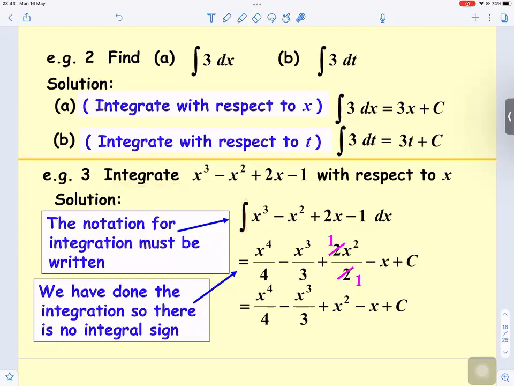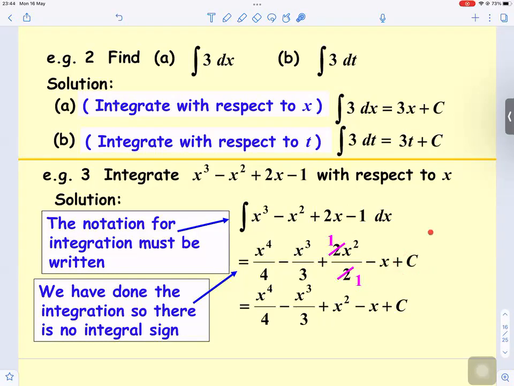So when you integrate x cubed, you get x to the 4 over 4. Integrate x squared, you get x cubed over 3. Integrate 2x, you get x squared over 2, but the 2 would cancel. Integrate minus 1, you get minus x. So whenever you integrate a number, you just add an x in front. And then plus the constant of integration.